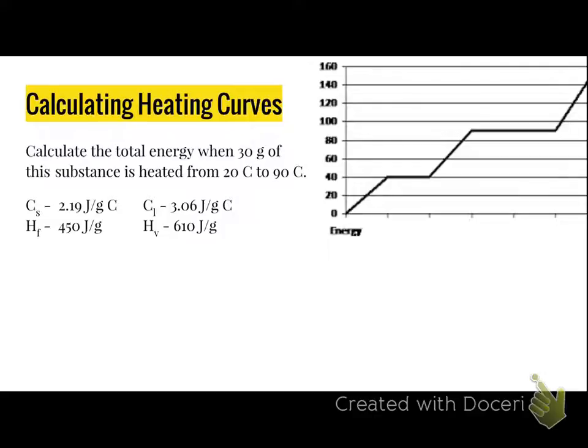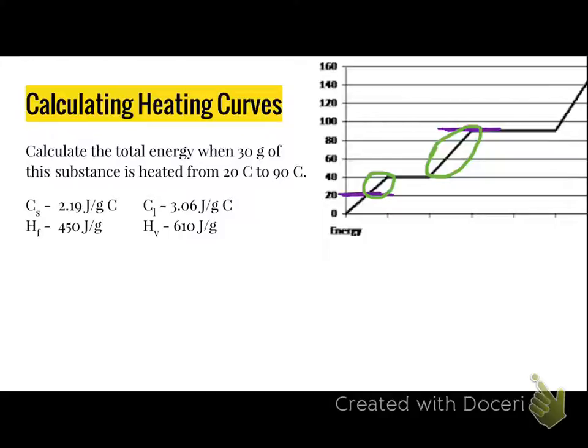So the substance is heated from 20 to 90. So we're starting here, and we are ending about here. Now, the reason it's not going to be 70 as your delta T every time is because we have two separate temperature changes. You have a temperature change here, and you have a temperature change here.